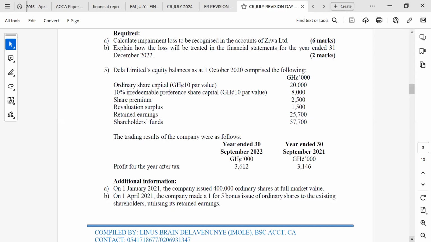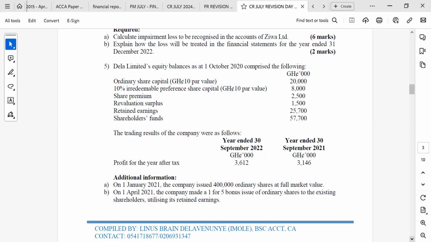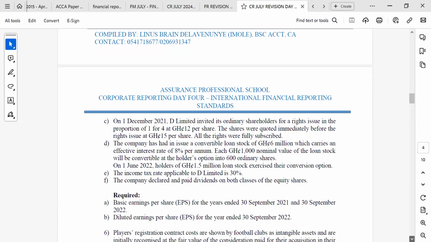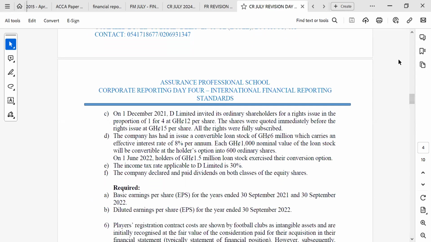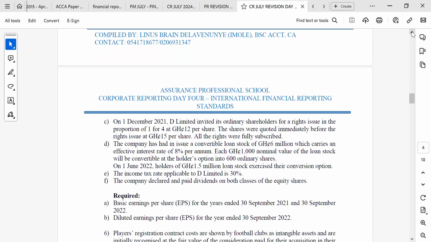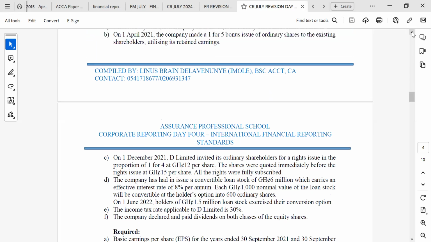I don't know how they are doing it, but let's see. Any special question that you have been seeing for corporate reporting will no longer be like that. It will now be like this, with plenty of adjustments and a lot of issues. Let's see what we can do about this one.